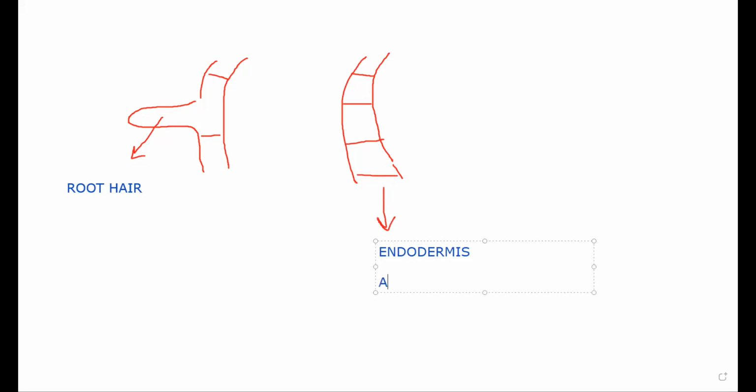One is called a passage cell, and another has Casparian strips present. What I said: passage cells and Casparian strips will be present there. Now we need to understand this. Let's change the color now.